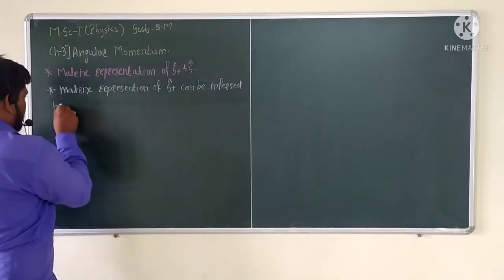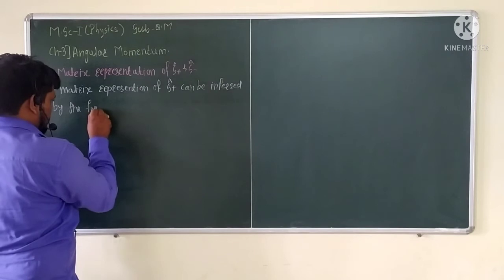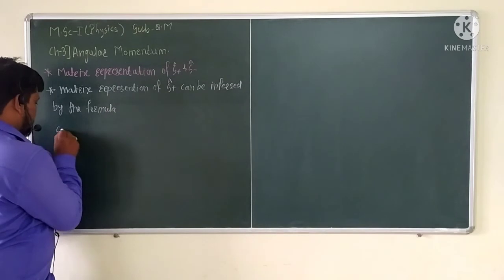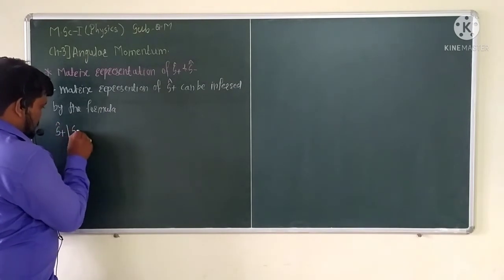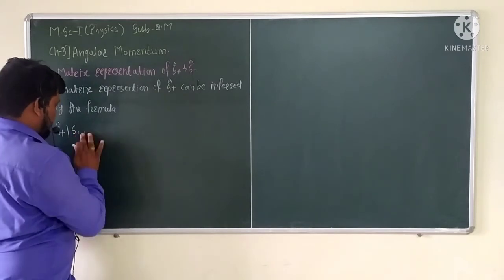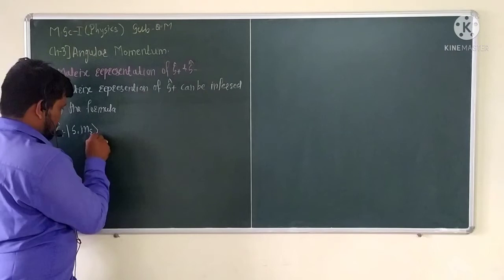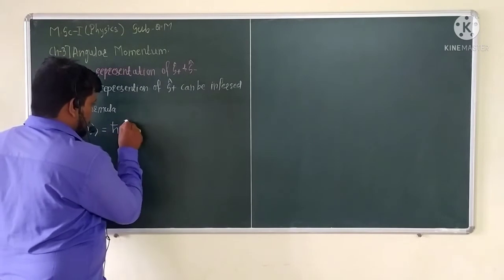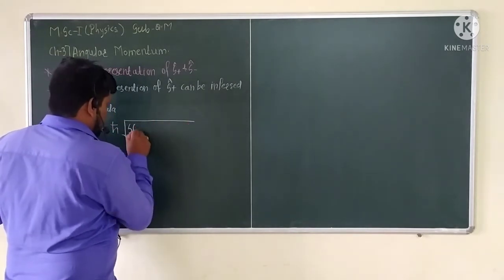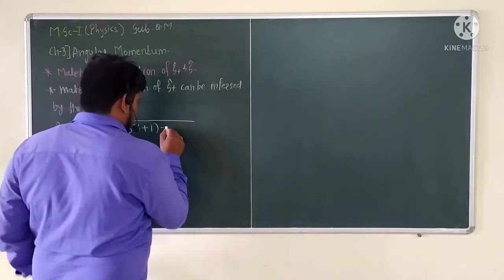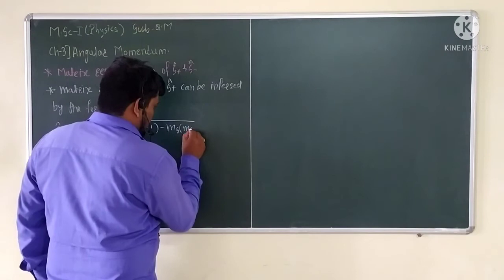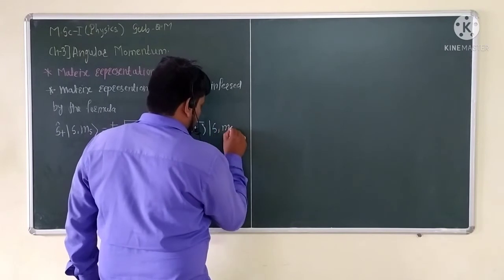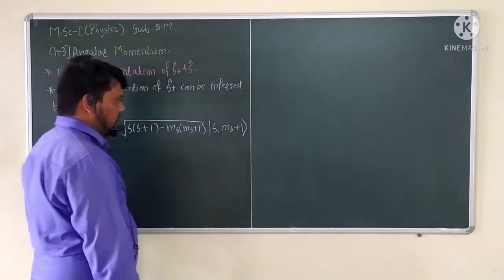It can be inferred by the formula, and we have to know this formula: S plus operating on the basis |S, ms> of the spin is equal to ħ times the square root of S(S+1) minus ms(ms+1), times the basis |S, ms+1>.